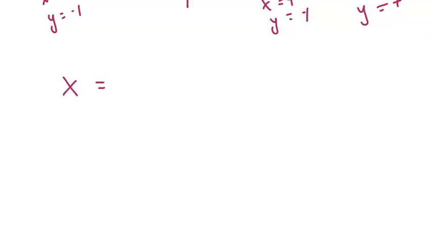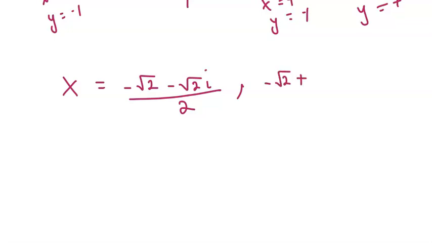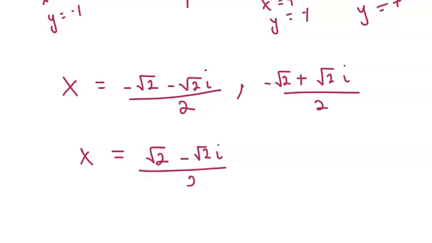So let's write out the whole values. We have negative root 2 minus root 2 times i, divided by 2. We have here negative root 2 plus root 2 i, divided by 2. We have here root 2 minus root 2 i, divided by 2.